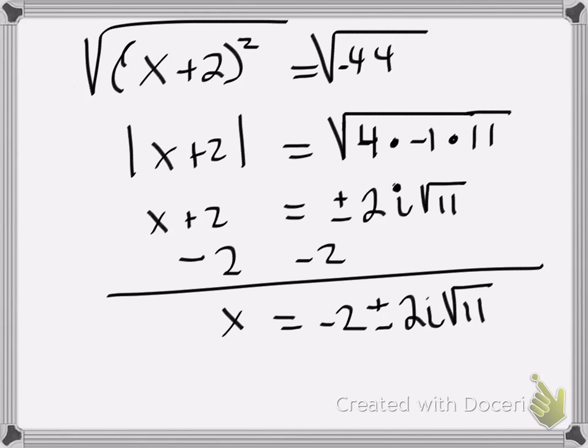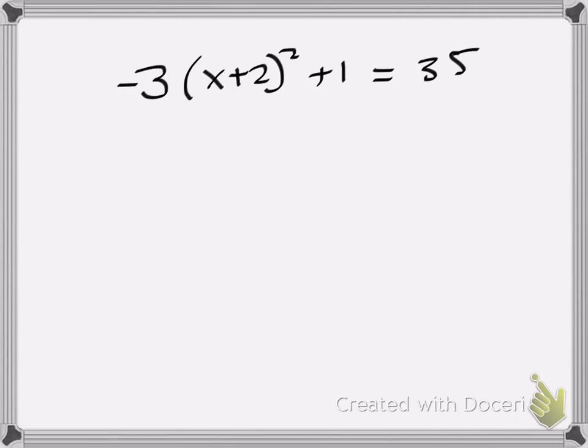Okay, I'm going to tell you one more thing. I'm not going to solve it, but I'm going to show you a situation. When you have something like this, -3 times x plus 2 squared plus 1 equals 35, we have to get the quadratic alone before we can use the square root property of equality.